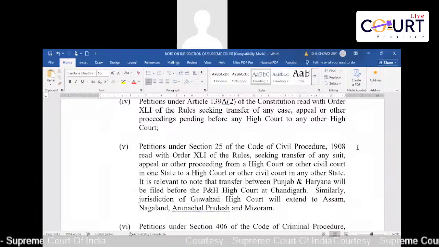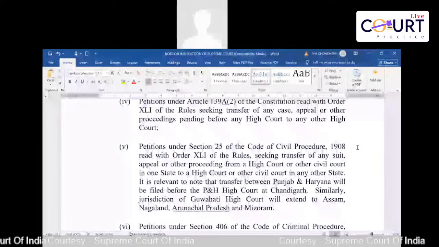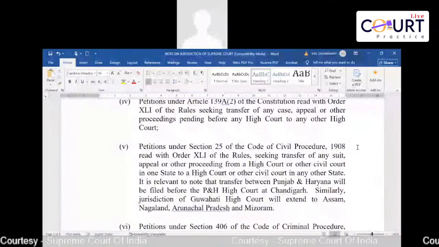Now, there is an exception. For example, if you are seeking a transfer from the state of Punjab to the state of Haryana, though they are different states, you will not file a transfer petition in the Supreme Court because there is a common High Court, which is the Punjab and Haryana High Court at Chandigarh. So in such a case, the transfer petition will be filed only at Chandigarh.